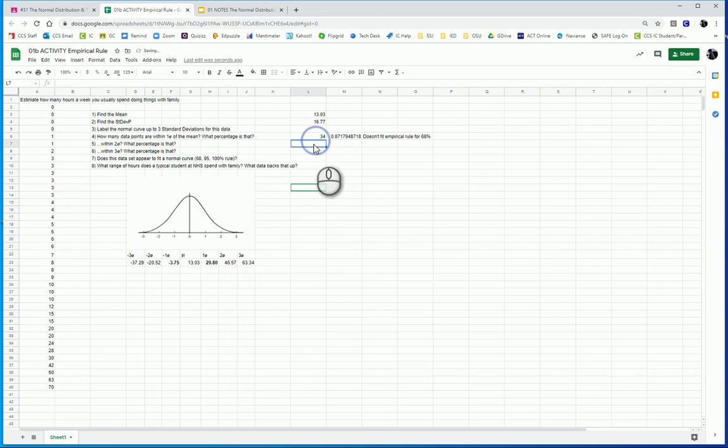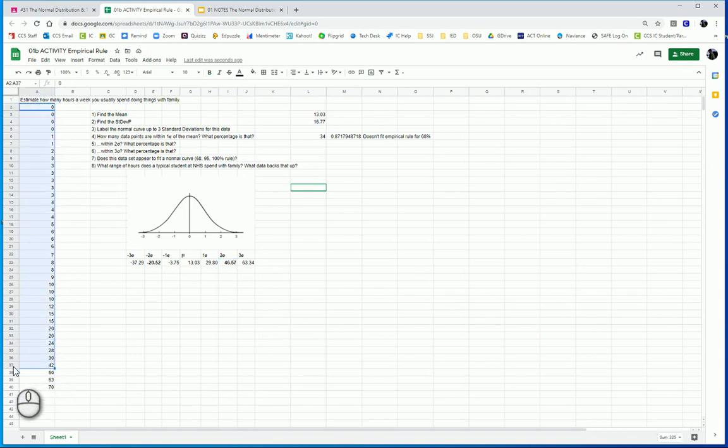All right, next one. Within 2 standard deviations. So that would be between negative 20 and 46.57. So let's look all the way up here to 42.